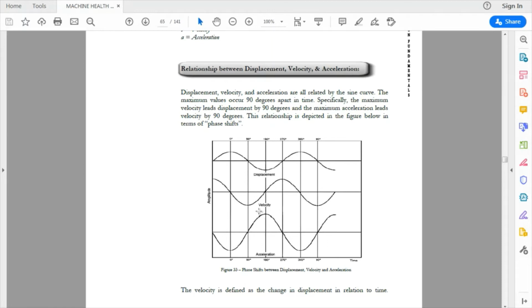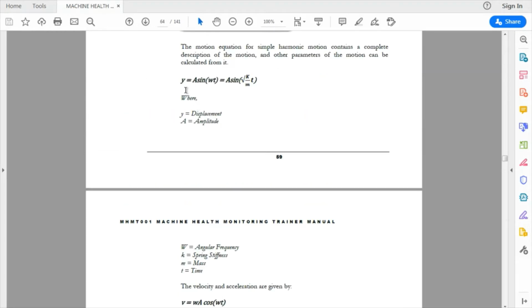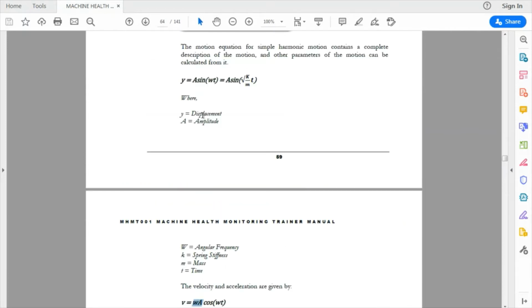We can realize that the peak value or the amplitude is different. This is some A, this will be higher, and this will be even much higher because of that value. So in y, we start with only A. In velocity, we have A multiplied by omega. In acceleration, we have omega squared multiplied by A. So the amplitude is the highest in acceleration, and lowest in displacement.